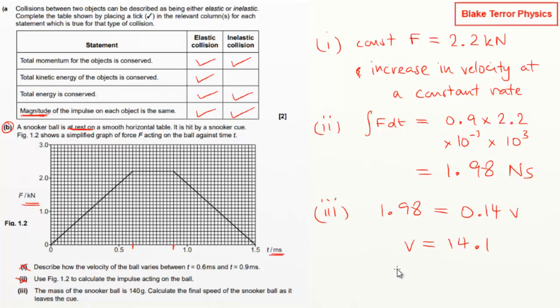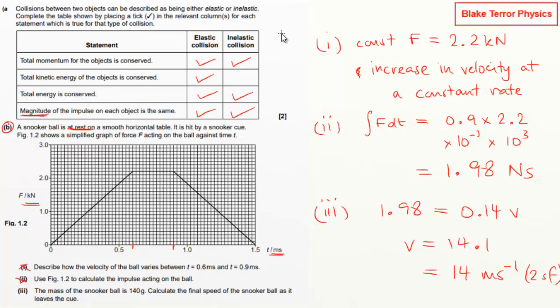And what sort of accuracy have they given us here? Not very much. I mean, we're going to struggle to say 14.1. We've got 2 sig figs on all the others, so let's say that is 14 meters per second to 2 sig figs, because that's what we've got all over the place on the others. So yeah, it's quite a nice one.